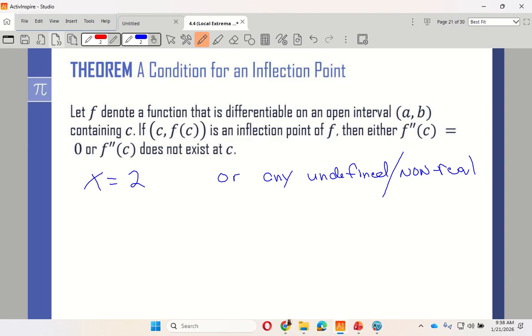And basically the second derivative, at least at that point, won't exist. You would get does not exist. How would it not exist? Would it be like piecewise or something? That would be one example. Off the top of my head, I can't spit out anything else. Could it not exist and still be an inflection point?